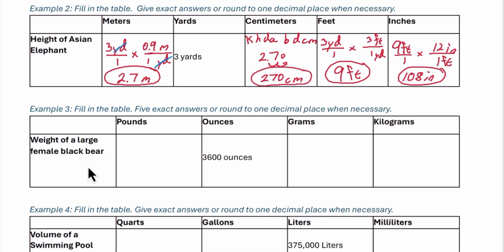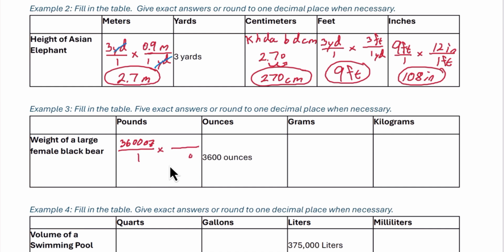In example 3, we're looking at the weight of a large female black bear. We're given ounces. Let's start by converting ounces to pounds. We'll stay within the US system. 3,600 ounces.